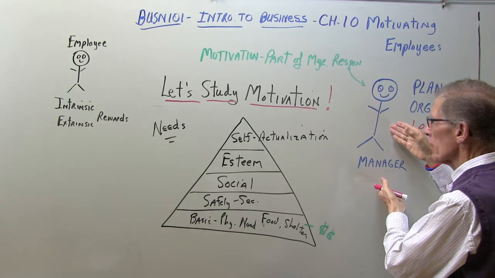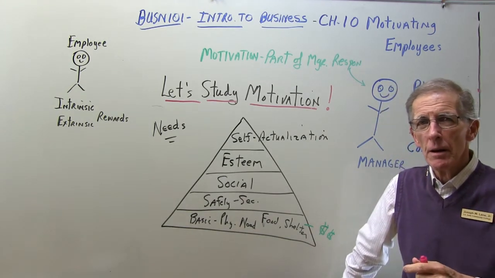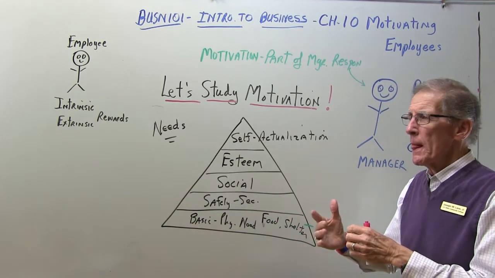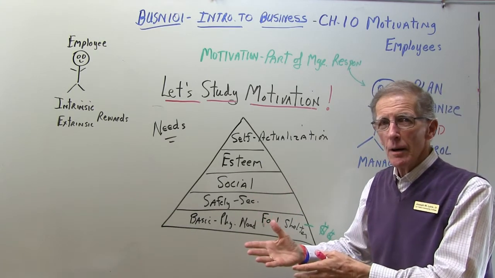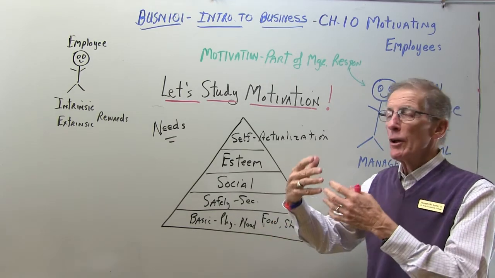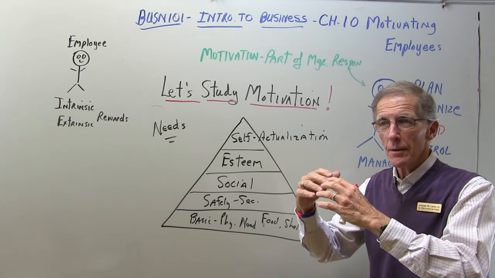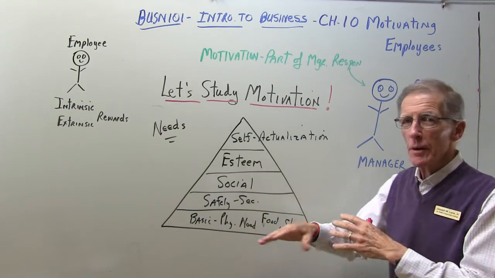What have we learned so far? Money's a motivator. So in a business situation, should wages be such that folks can be motivated? Folks can do better, make more money, Frederick Taylor, satisfy basic physiological needs.